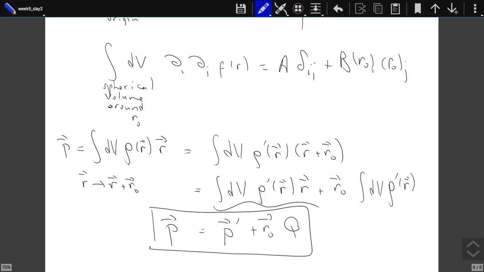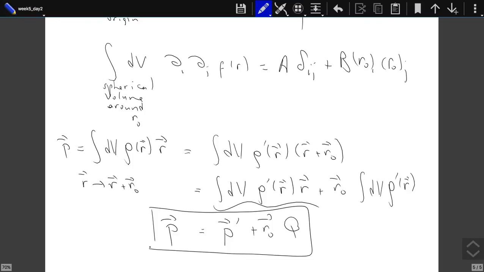So the dipole moment of a system depends on where you choose the origin if the total charge is non-zero. If the total charge is zero, there is no such dependence on the choice of the origin. That is why we usually treat, at least in first year, a plus Q charge and a minus Q charge.